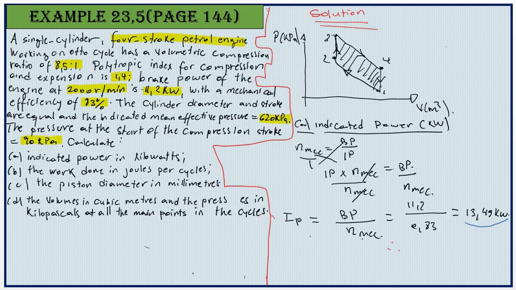To determine the work done, there are many possibilities, but we need to choose the right one. The work done is the difference between the heat supplied to the engine minus the heat rejected from the engine.